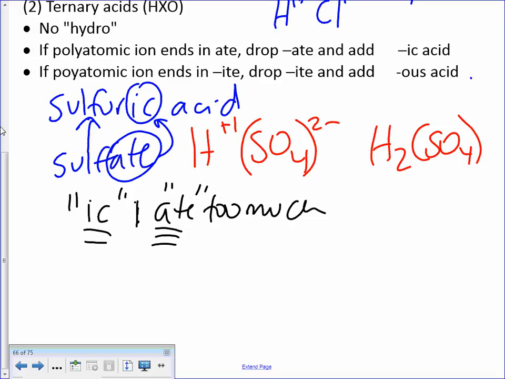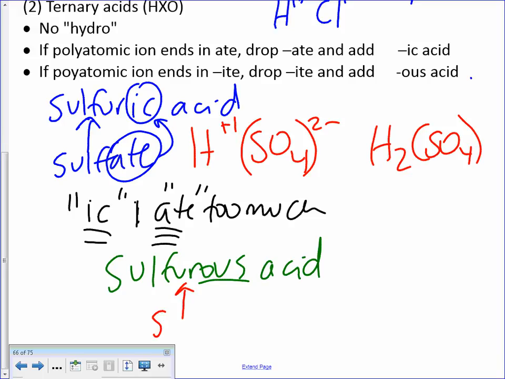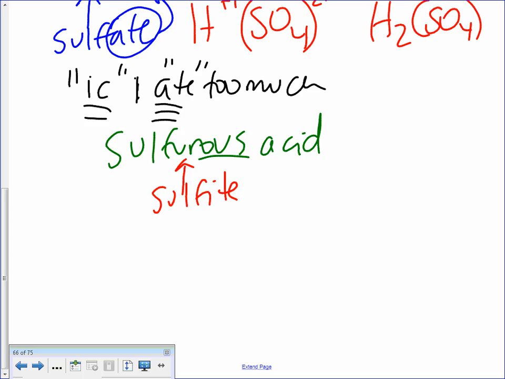I'm going to change the name just a little bit and call it sulfurous acid. Okay, so I've only changed the ending to indicate that it actually is not sulfate anymore that's involved. It is something else. Sulfite. What is sulfite? You should not even have to look at your period or polyatomic ion list.